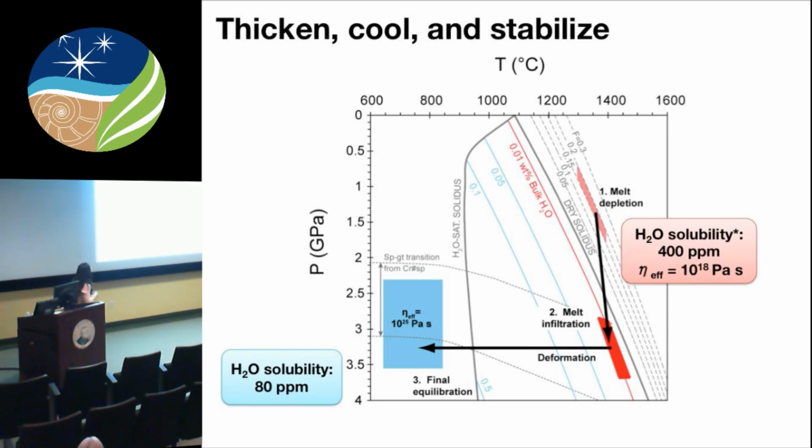But the key is that at this condition, the effective viscosities of the mantle are so high that you can't deform it anymore, and you're stabilizing a thick, cold mantle. The theoretical water solubility in olivine is also much lower, so it's dry. That's one of the keys for how we can stabilize these arc lithospheric mantles, and an analog for that is perhaps the Archean lithospheric mantle, which is also thick, cold, and dry.